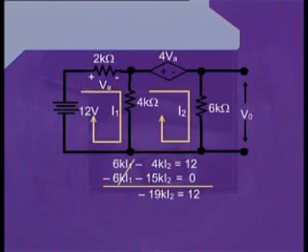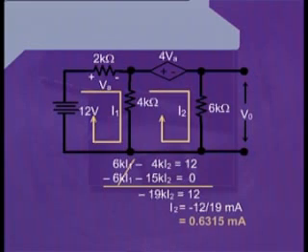Now, when we are subtracting, we get rid of I1, that is the whole term 6K I1. They will cancel out with each other. Therefore, we can write the solution as minus 19K I2 equals 12. Further simplifying it, we can write I2 is equal to minus 12 by 19 milliamperes.